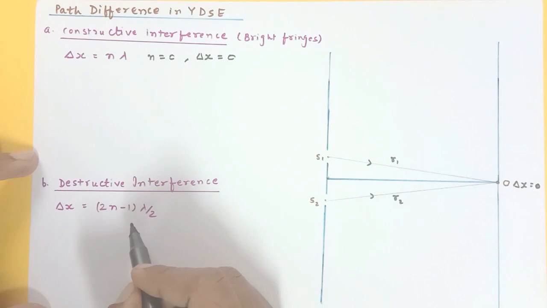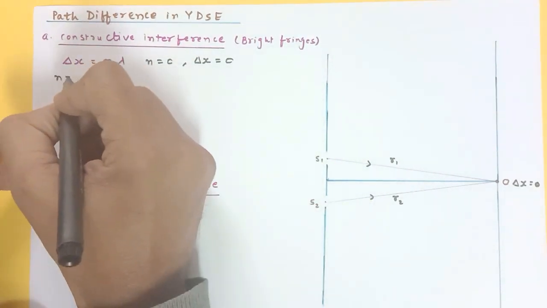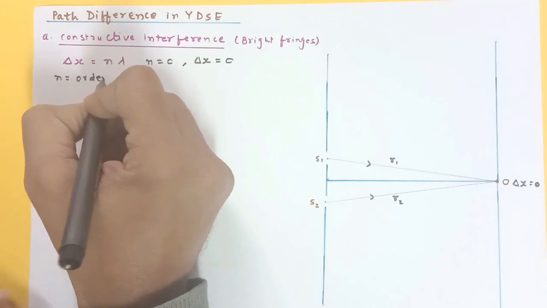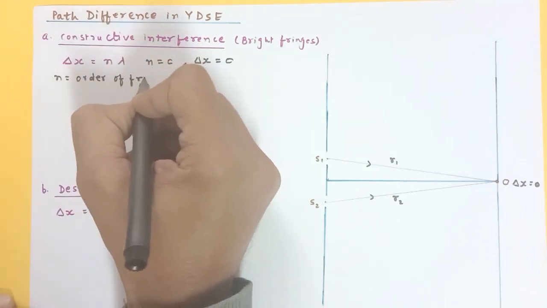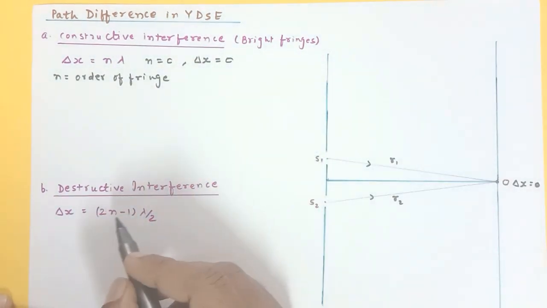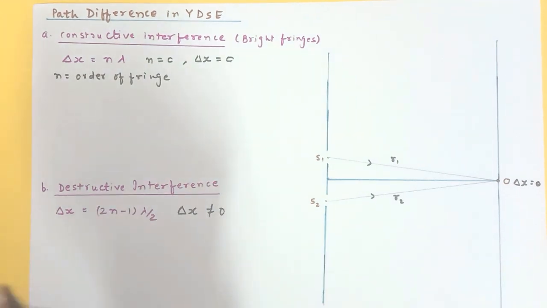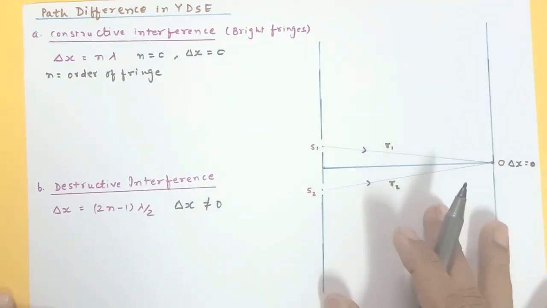I can't put n is equal to any other number, because n is the order of the fringe. It's a whole number, 0, 1, 2, 3, 4, 5. So I can't get path difference 0 over here. So that's why n is equal to 0 is reserved for bright fringes.